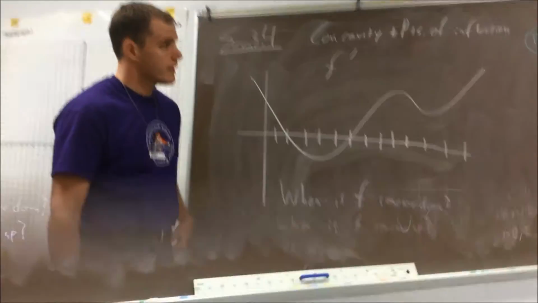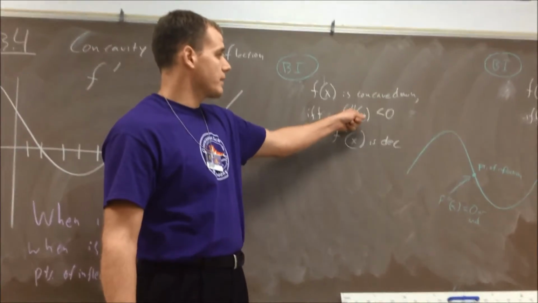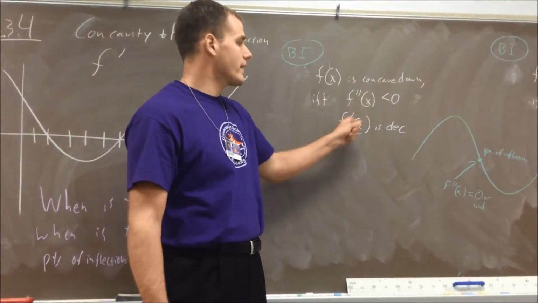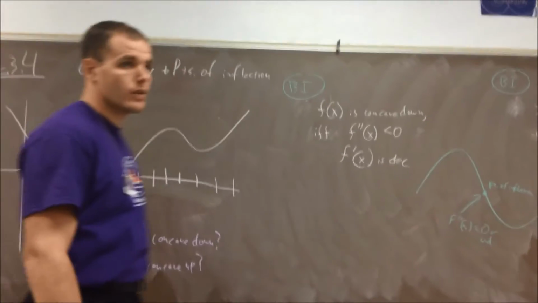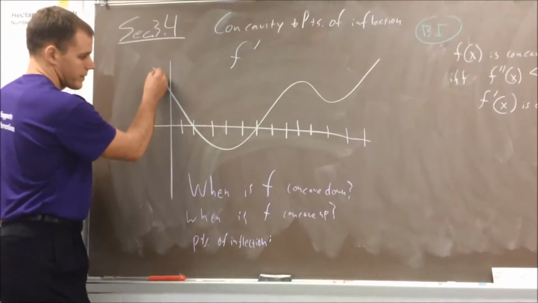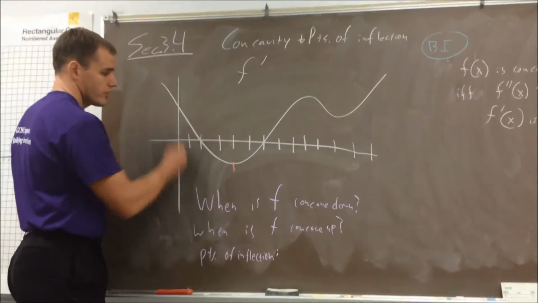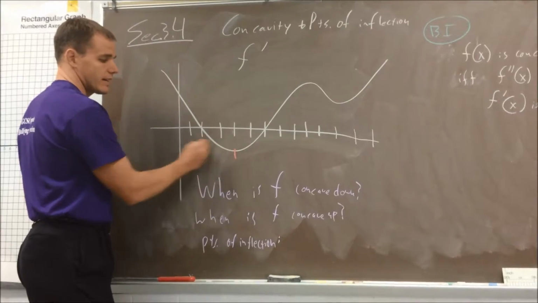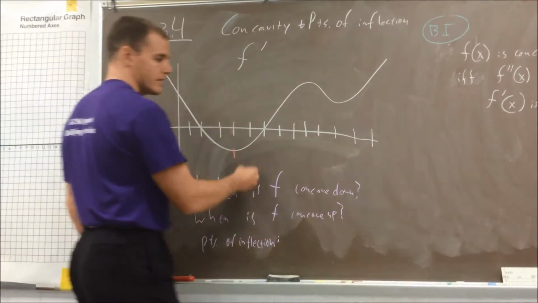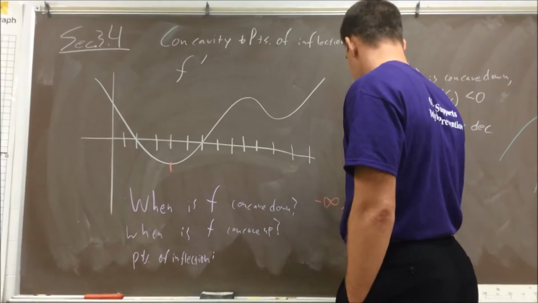All right. F of x is concave down when f double prime of x is less than 0, or when f prime of x is decreasing. When is f prime of x decreasing? From here all the way to 4. So f is going to be concave down when f prime of x is decreasing, so from negative infinity to 4.